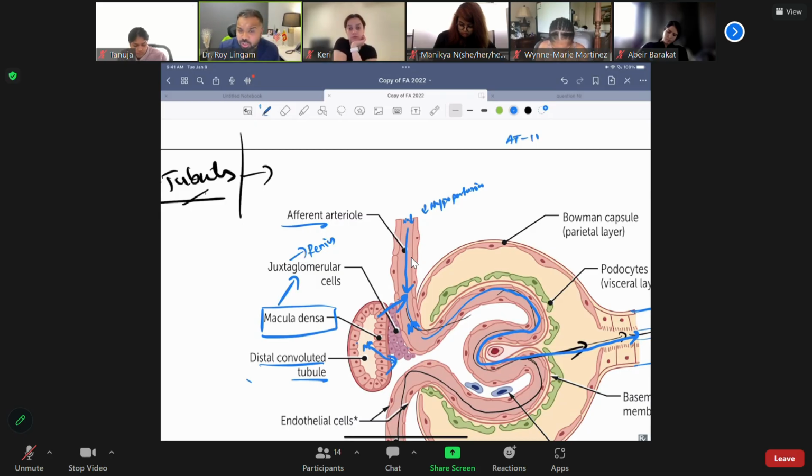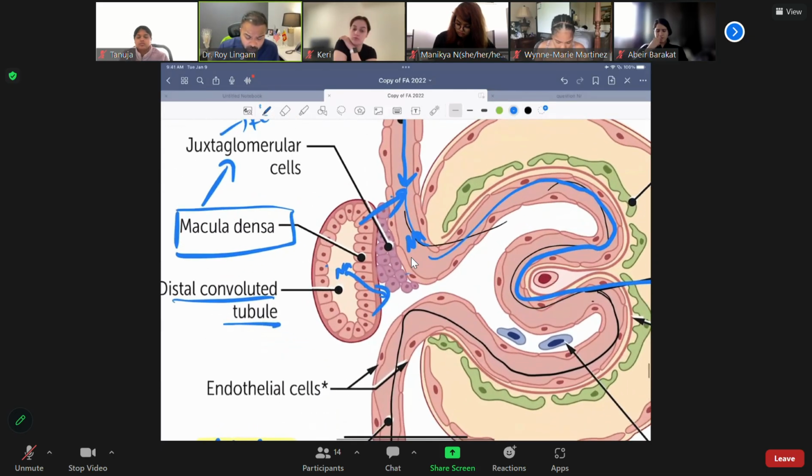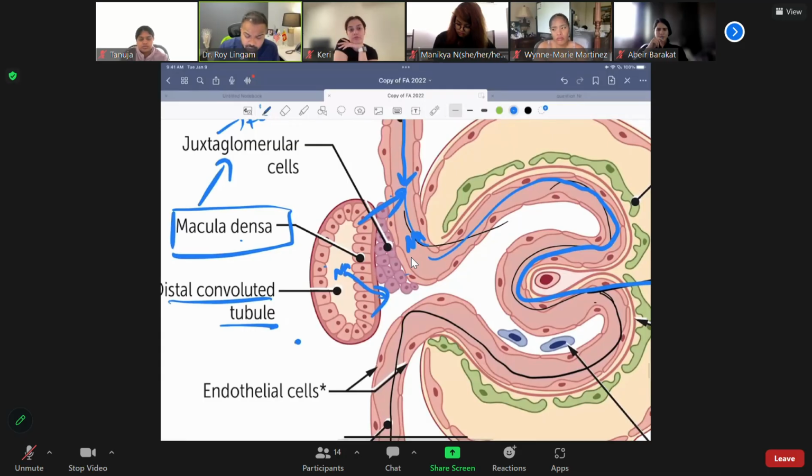What will angiotensin II do? It somehow has to bring more blood to the kidney to get more sodium. That's all it is. So that's how it works. Now you could tell macula densa, DCT, JG, and AFF are all next to each other. You see that, folks?